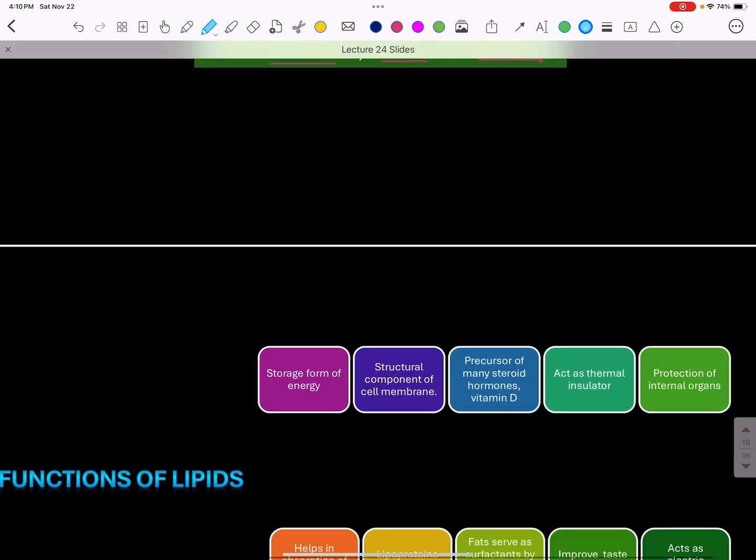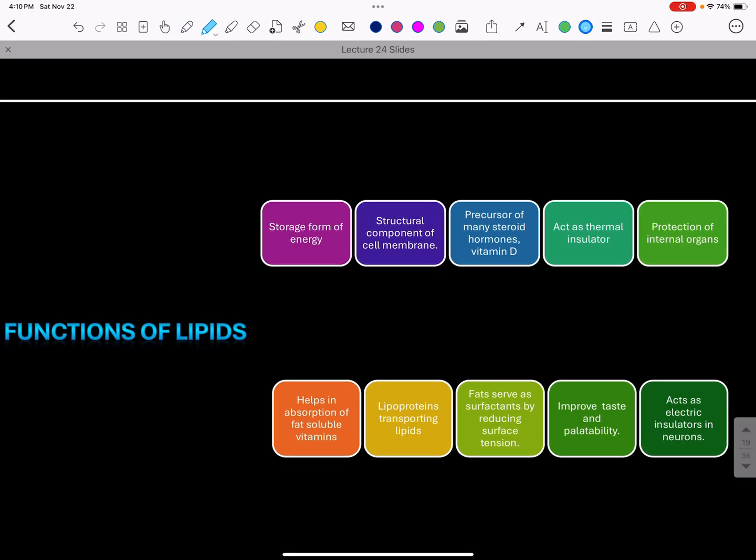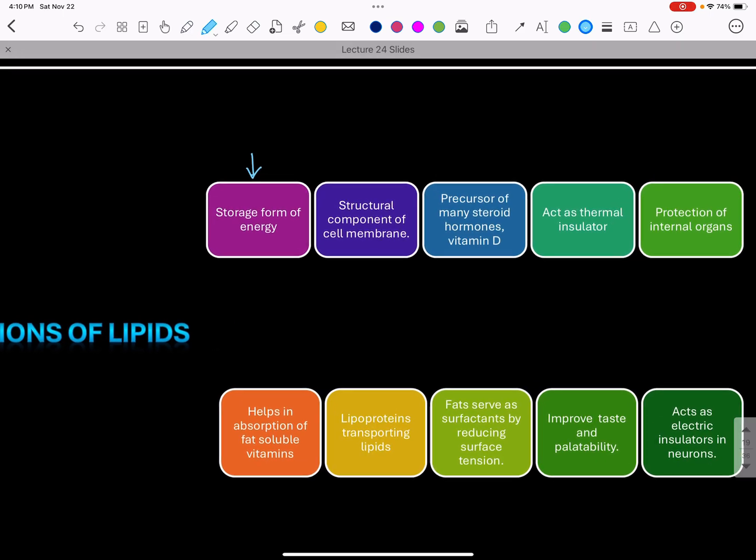Now, lipids are extremely important because they do have multiple roles in the body. First of all, they are used as energy fuels for ATP generation. They store energy. So we can use the hydrolysis of fats to produce ATP molecules when there is deficiency or when there is carbohydrate limitations.